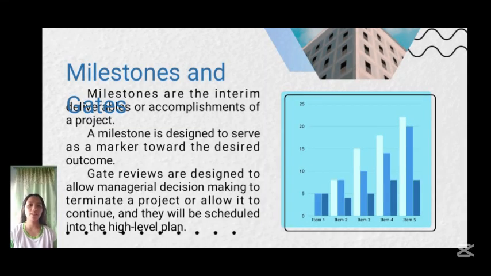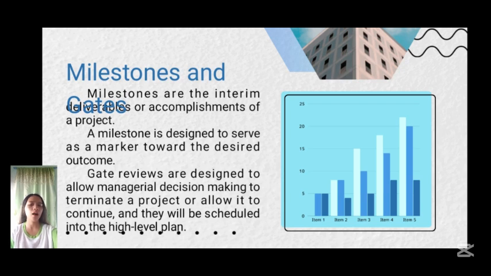Milestones and gates. So, a milestone is designed to serve as a marker toward the desired outcome. Gate reviews are designed to allow managerial decision making to terminate a project or allow it to continue, and they will be scheduled into the high level plan. So, milestones act as checkpoints to evaluate whether the project is moving toward its desired outcome.